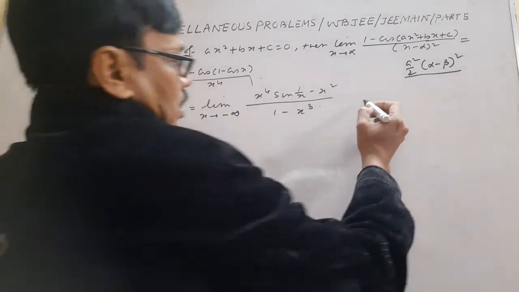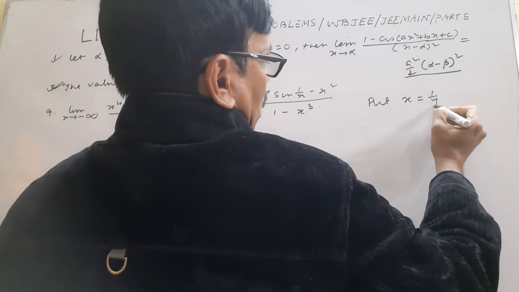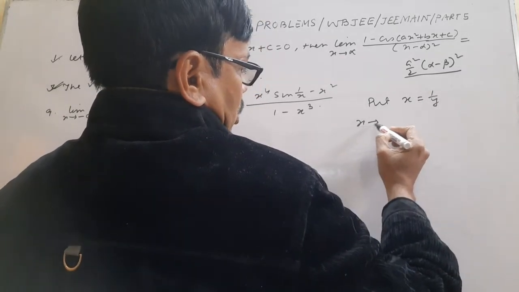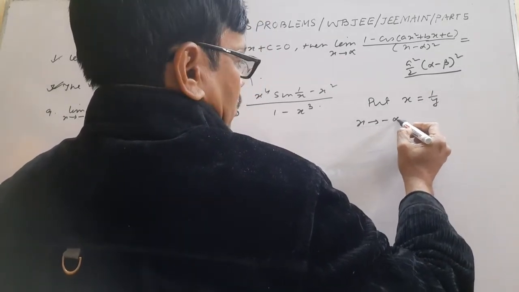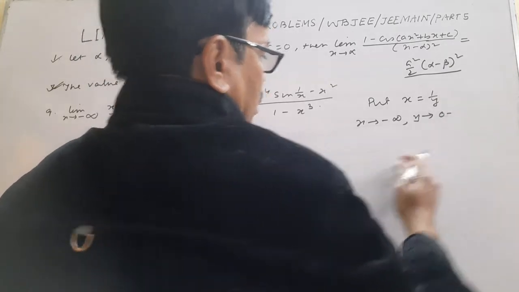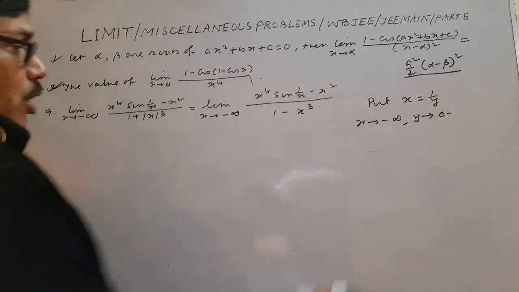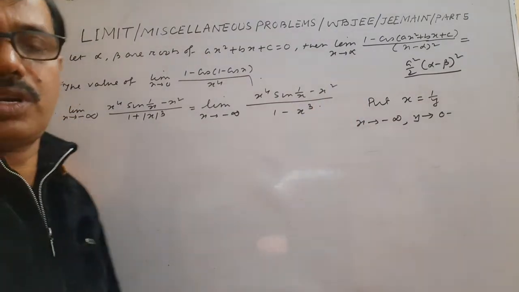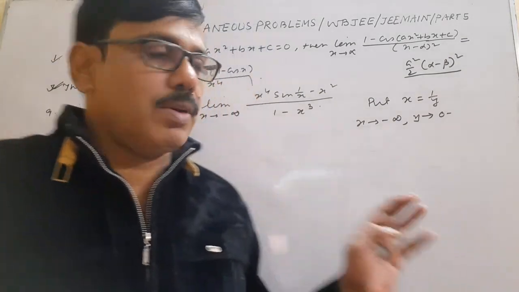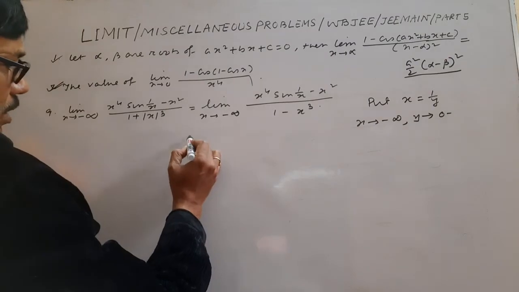Now you put a transformation: x equals 1 by y. As x tends to minus infinity, y tends to 0 minus, negative but very, very small. So now we try to express the given problem in terms of the new variable y.